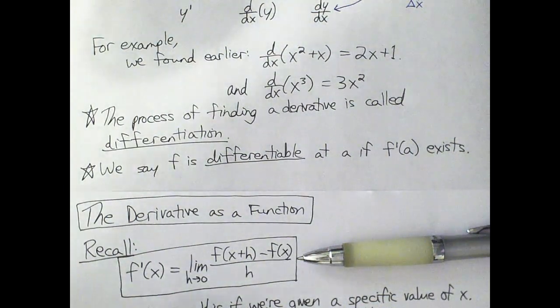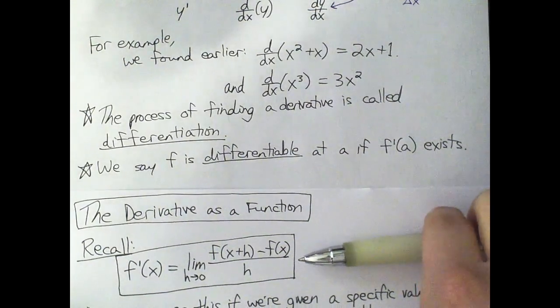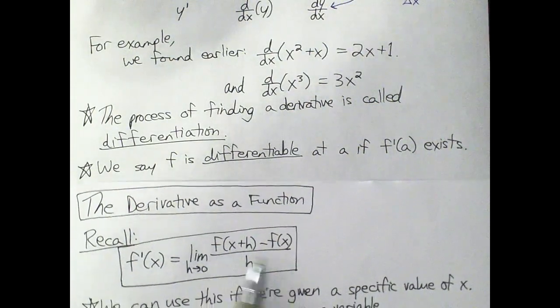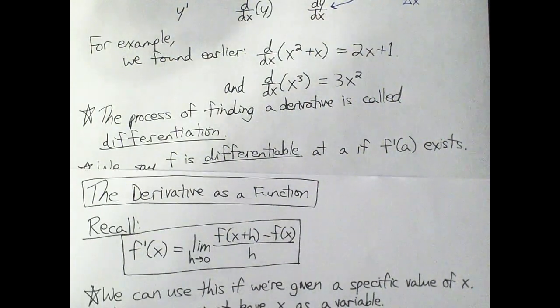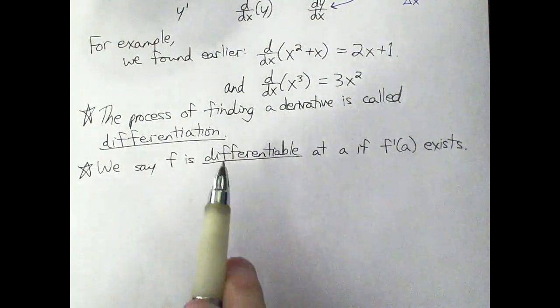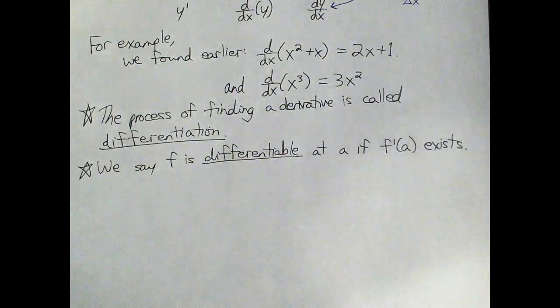It's all about a limit. And we know from the sections that we had about limits that sometimes limits don't exist. So if sometimes a limit doesn't exist, that means sometimes the derivative is not going to exist. If it does exist, we say the function is differentiable.